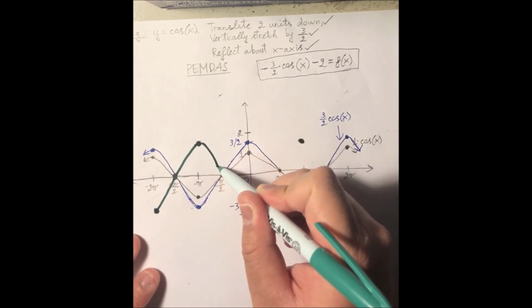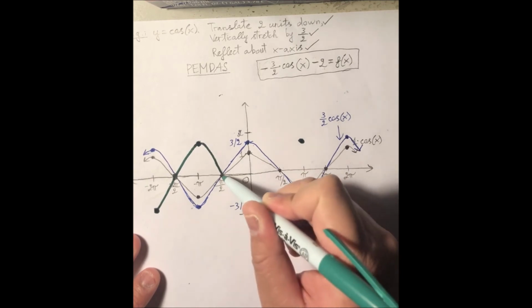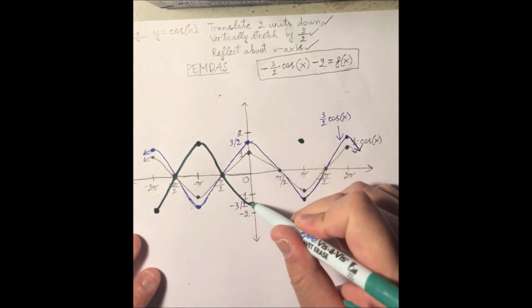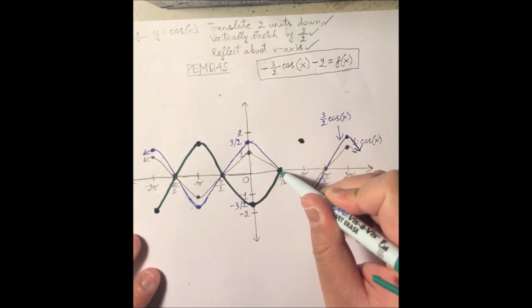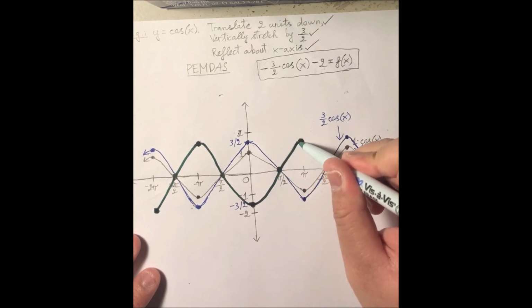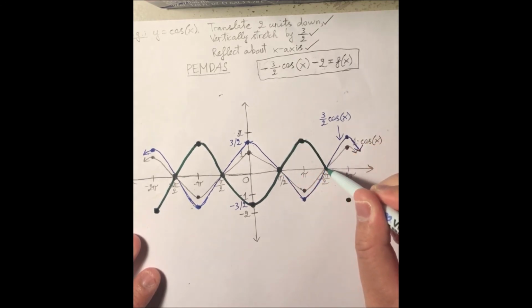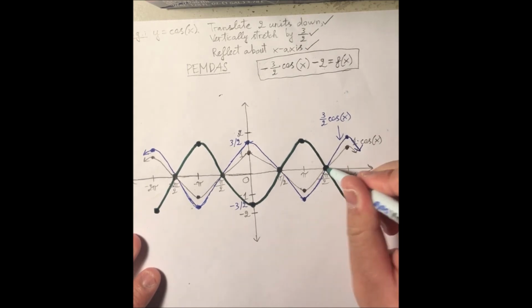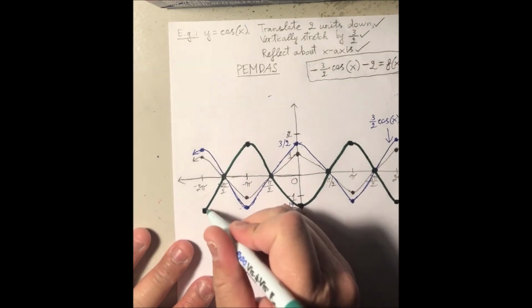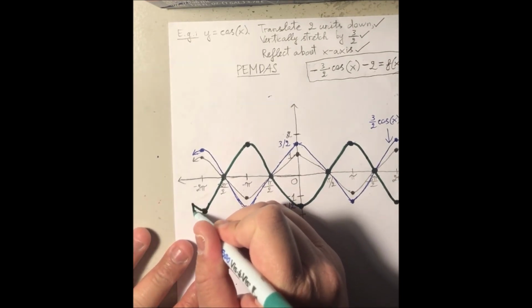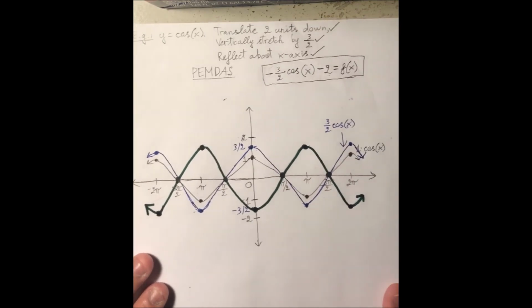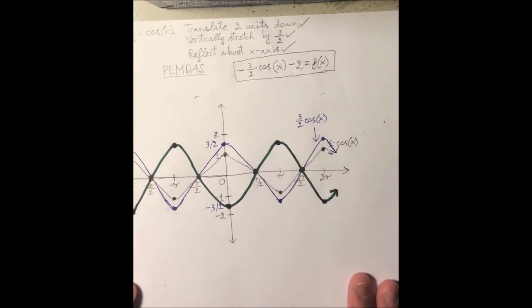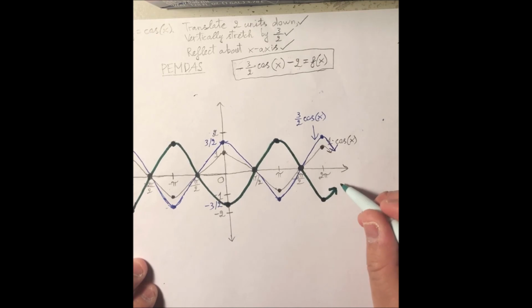And we just go down, and we go up again through that point of intersection. Alright, sorry for my bad graph. And of course, this one right here is going to go like that. So with that being said, this green graph here is the graph of negative 3/2 times cosine of x.